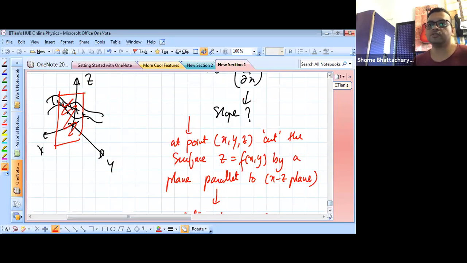Now similarly, if you cut it with a plane which is parallel to the yz plane, then your x coordinate is fixed on that.